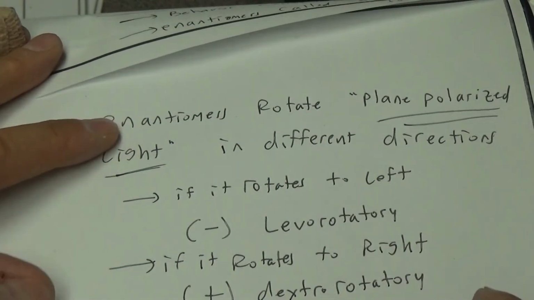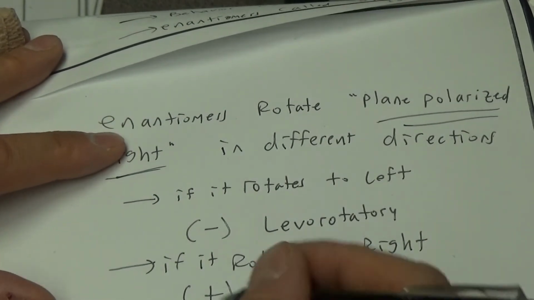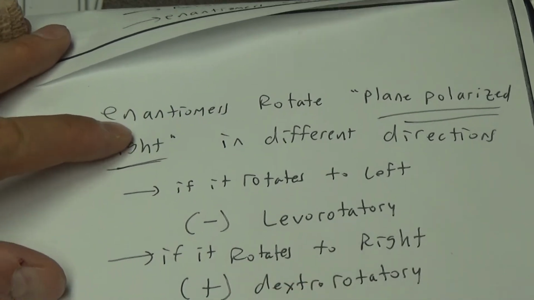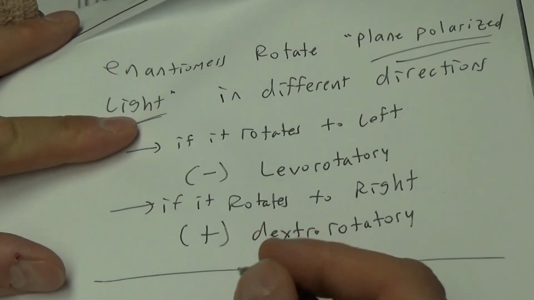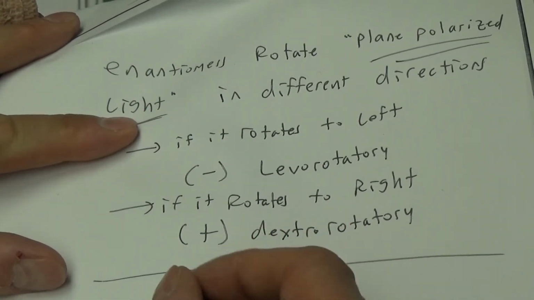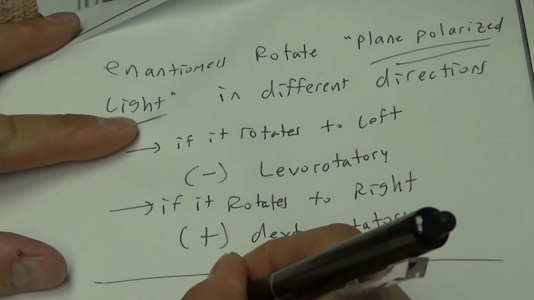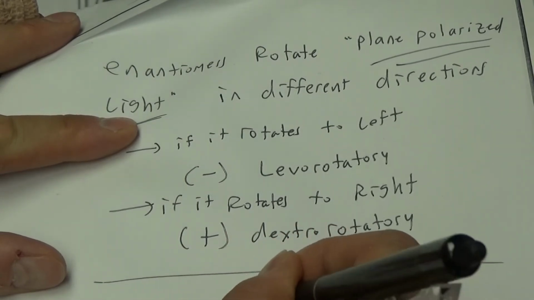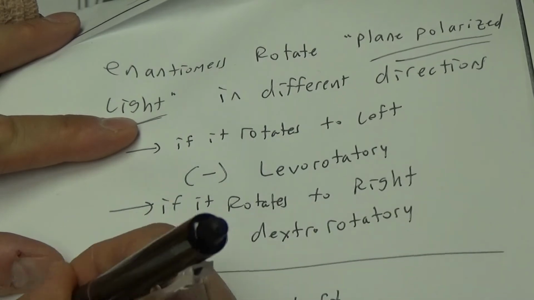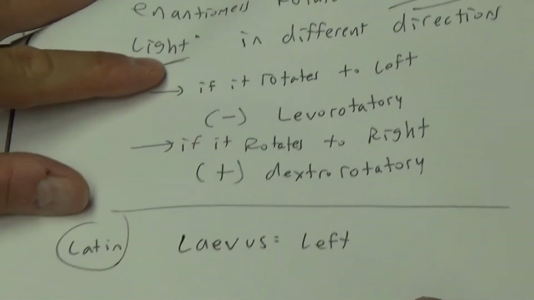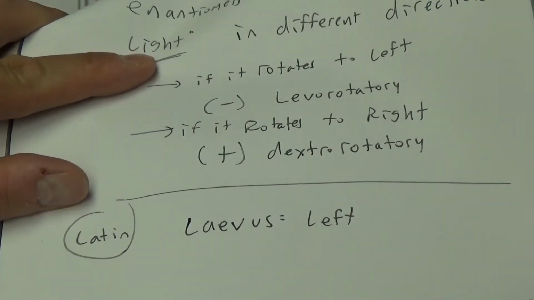Okay, so I think from Latin, laevus is left, and dexter is right.